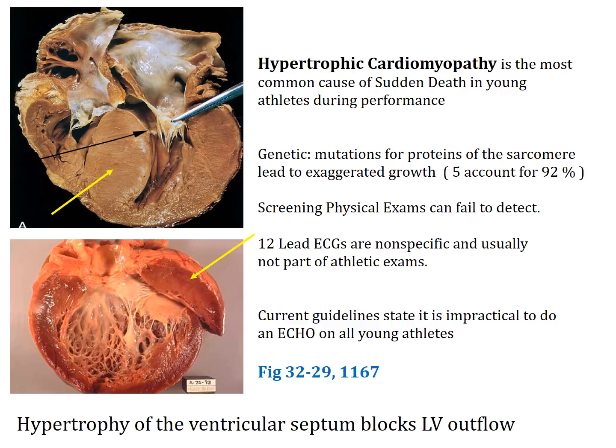Looking at both of these pictures, you can see the marked exaggeration of muscle in the septum, but look at the upper picture at the black arrow, and you can see how that big, exaggerated, hypertrophic septum is impinging on the aortic outflow tract, all right?